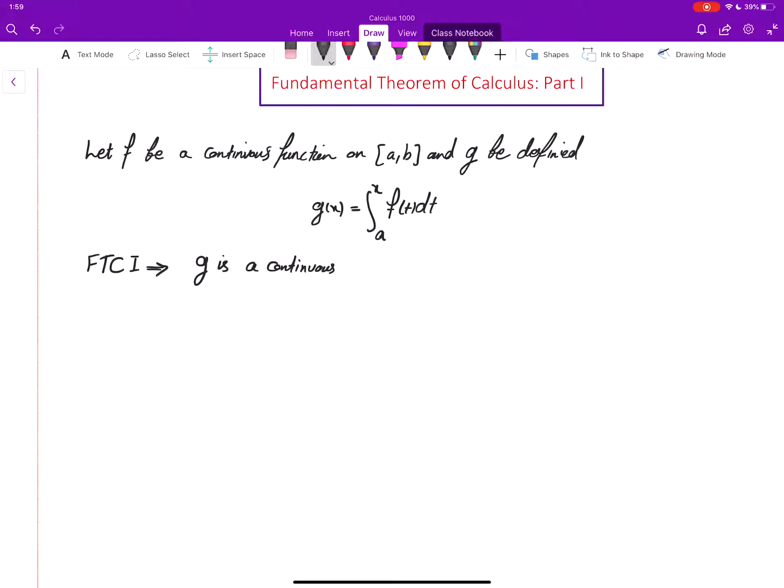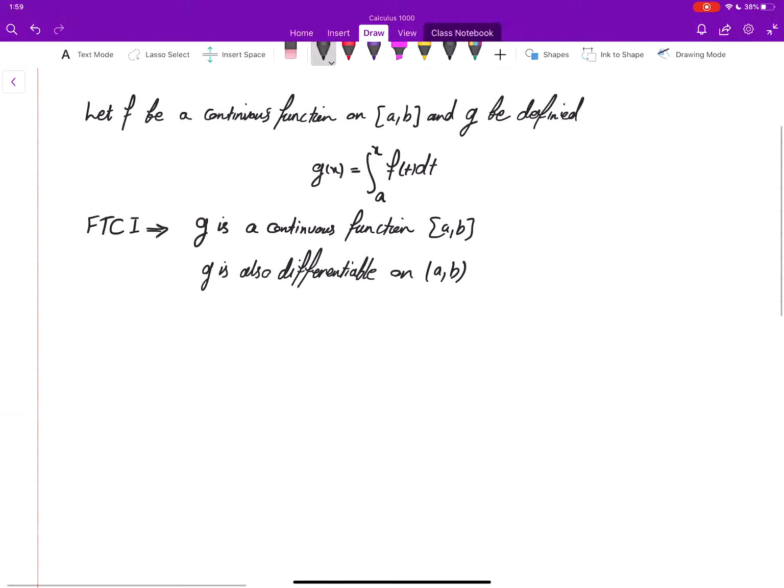This is going to be a continuous function on the whole interval [a, b]. It says even more: g is also differentiable on the open interval (a, b). Differentiability is always on an open interval. So that's the second piece.